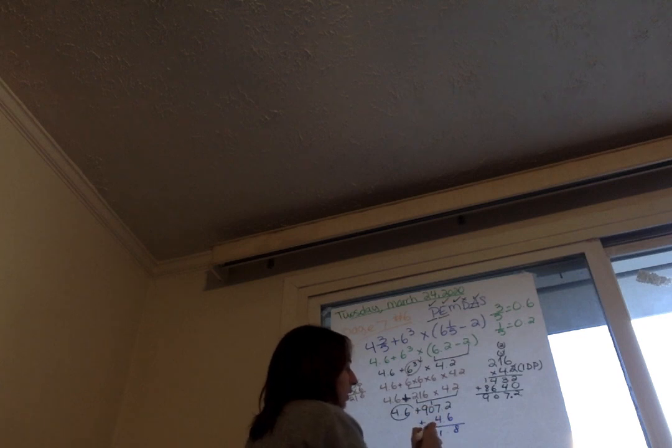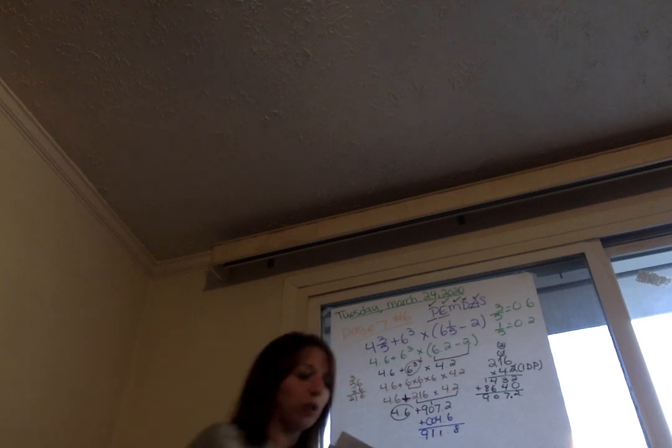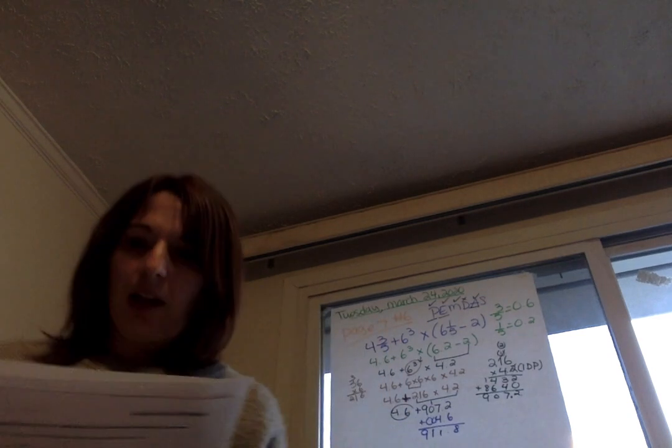And 9 plus 0 is 9. So now this is 8, this is 1, this is 1, this is 9. The answer is 911.8. That is the value of this page.